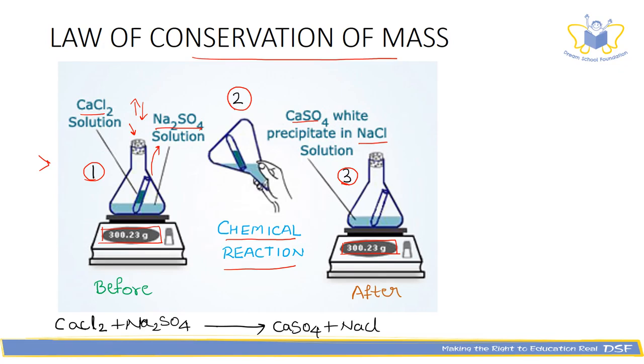If you compare before and after the chemical reaction, you see that the mass is the same, hence reiterating the law of conservation of mass. You can see the chemical reaction out here, wherein calcium chloride interacts with sodium sulfate solution to give you calcium sulfate and sodium chloride.